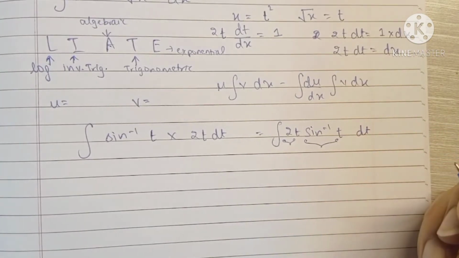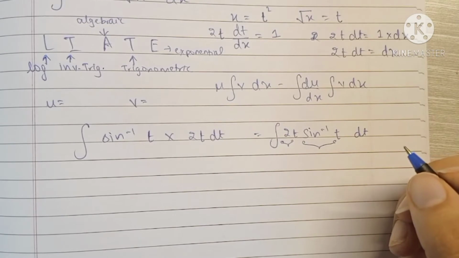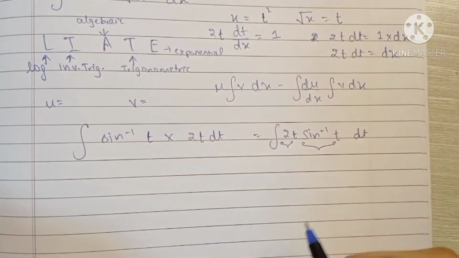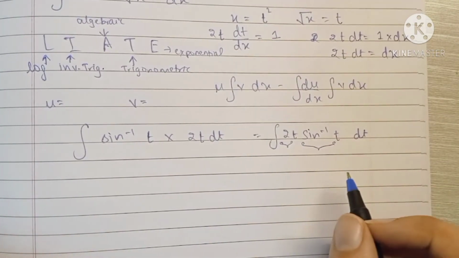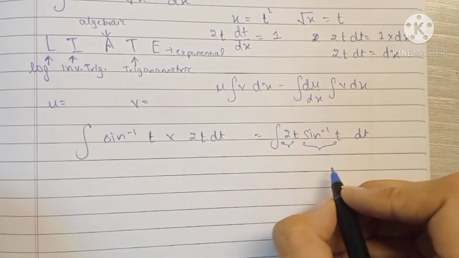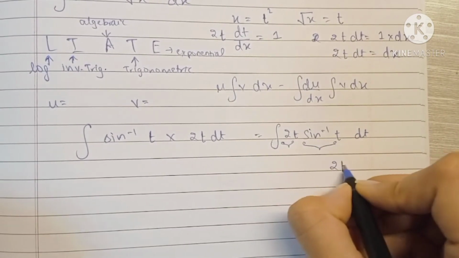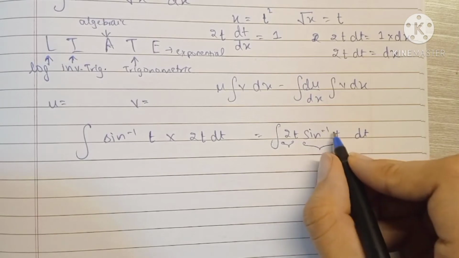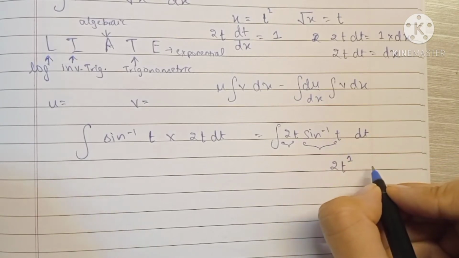But now we have to decide which term we have to keep as u, that is the first term of the by parts rule, and which term to keep as v. So 2t is basically an algebraic term, because we have t raised to 1, and we have an inverse trigonometric term, which is sine inverse t.